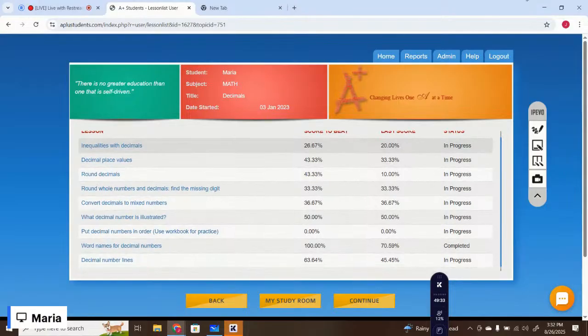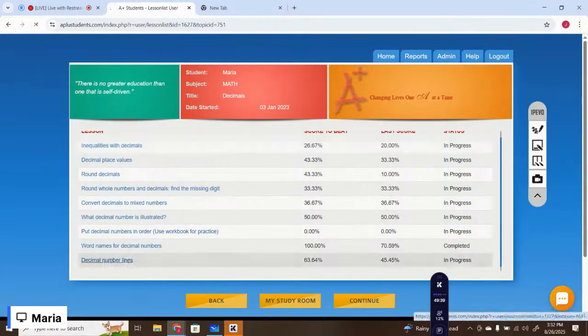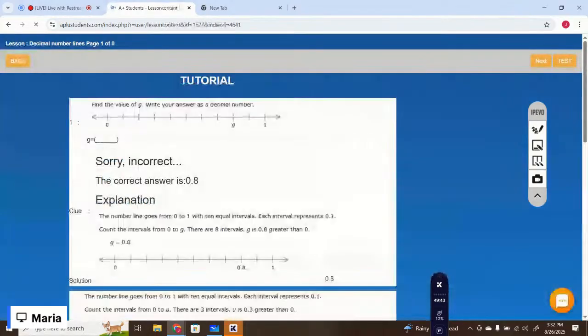That is decimal number lines. Let's just start with the test questions.